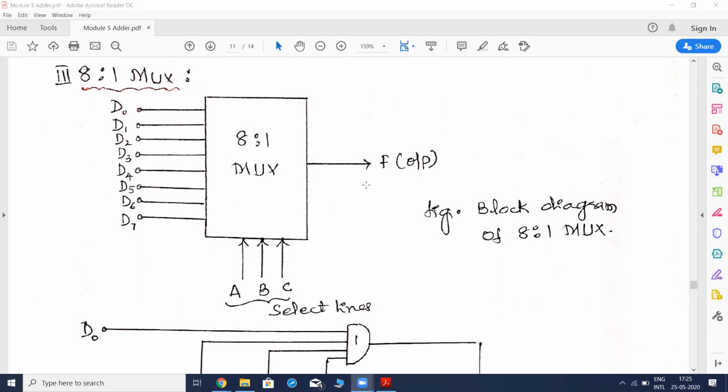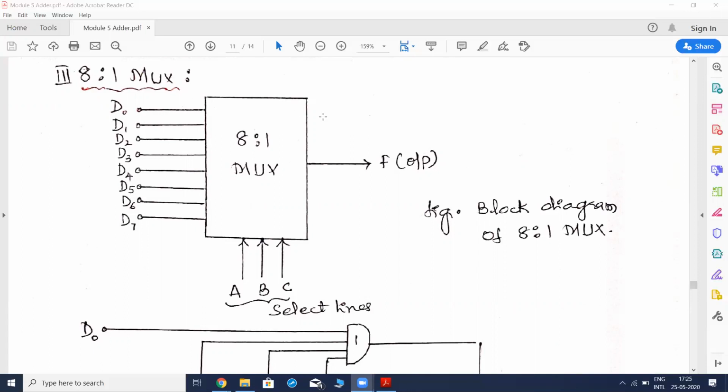Always we are going to represent them as A, B, C in this order. Always A becomes the most significant bit. This is very important: A is the most significant bit and C is the least significant bit.